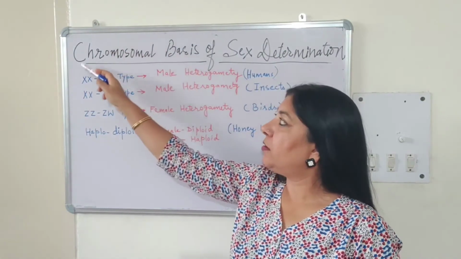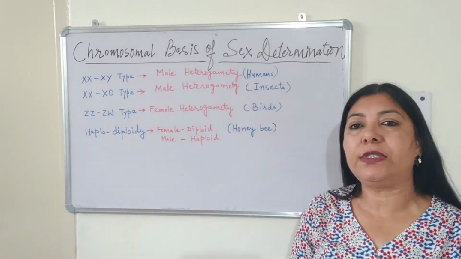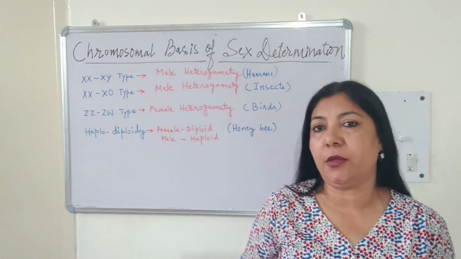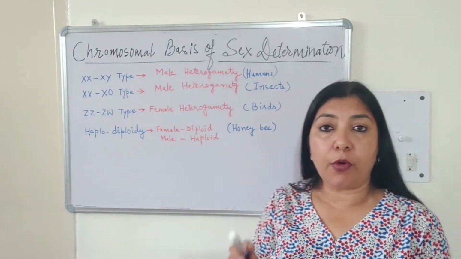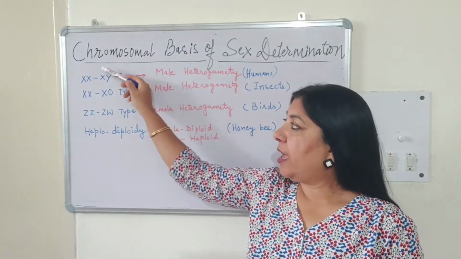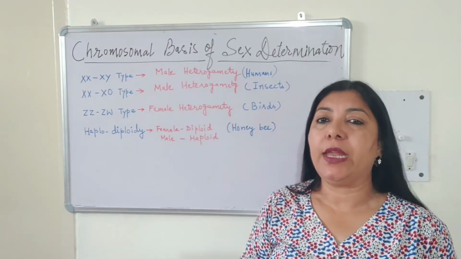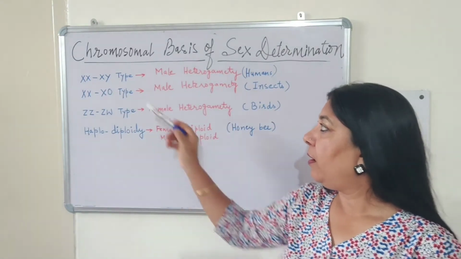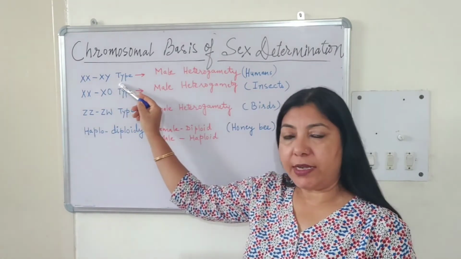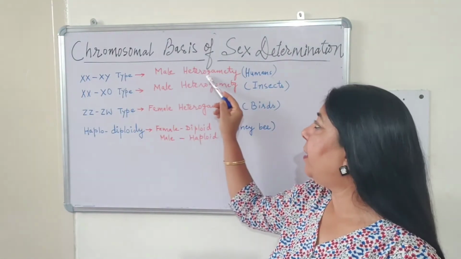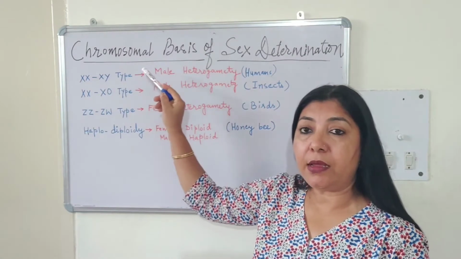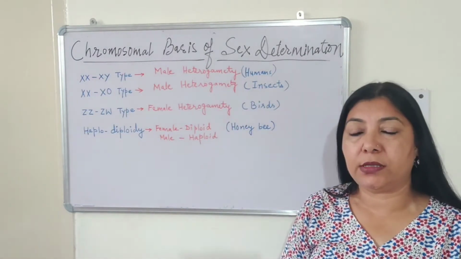So let us focus on the chromosomal basis of sex determination, which is there in your syllabus. As per your book, there are 4 types of chromosomal sex determination. These are XX and XY type, where it is male heterogamety, as in the case of humans.